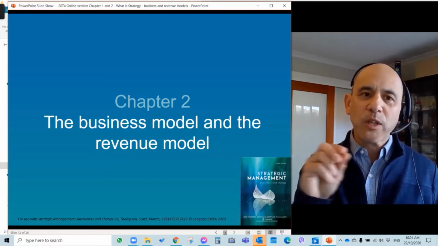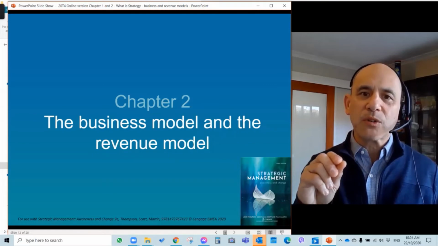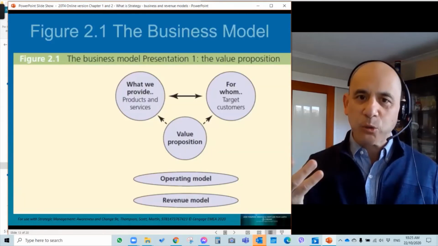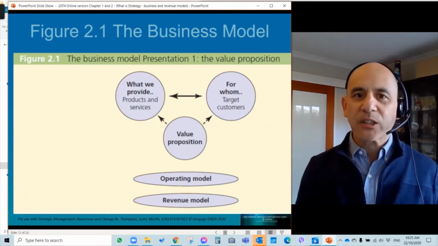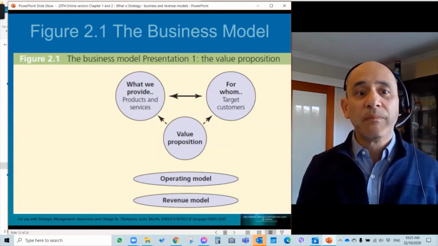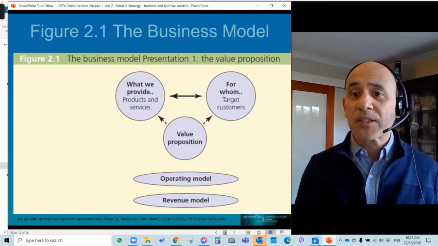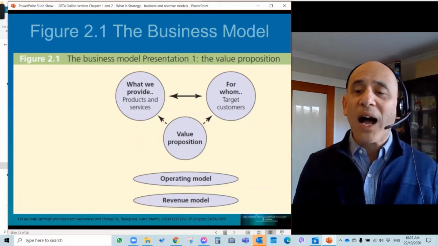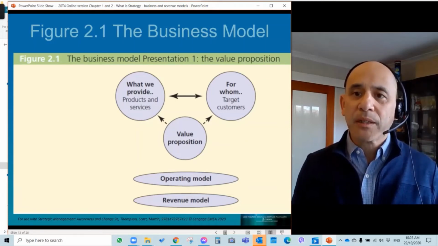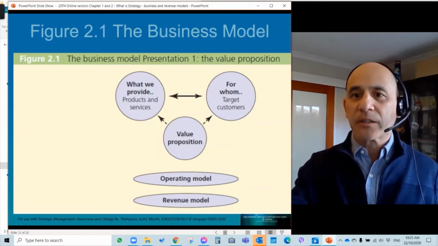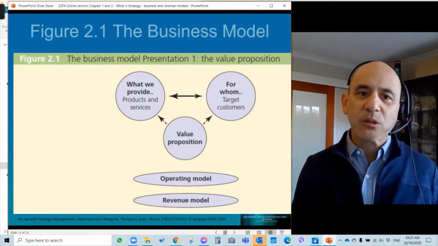What you have to do when you state your business model is, firstly, determine who am I selling to, and that is the target customer. And then what am I selling to them? What product or service am I selling to them? But then more importantly, why will they buy my product? So why will they choose my product versus my competitor? And that's really the essence of what we call the value proposition.